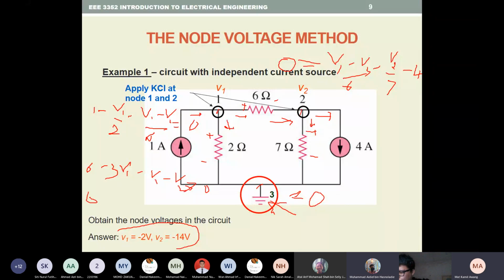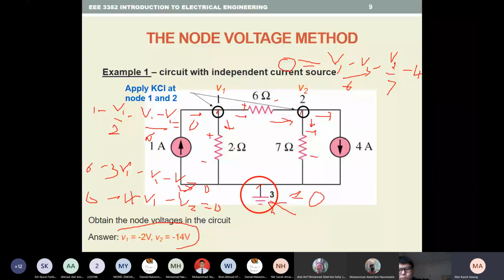So 6 minus 4 V1 minus V2 equal to 0. So basically 4 V1 plus V2 is equal to 6, right? The first equation.